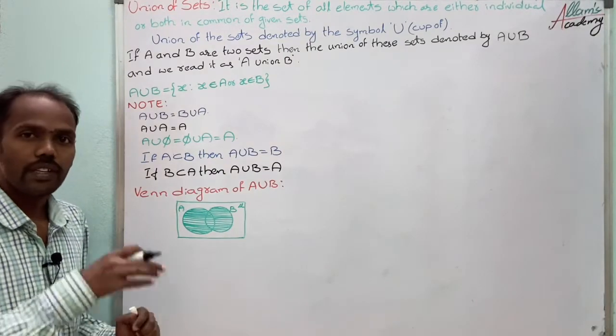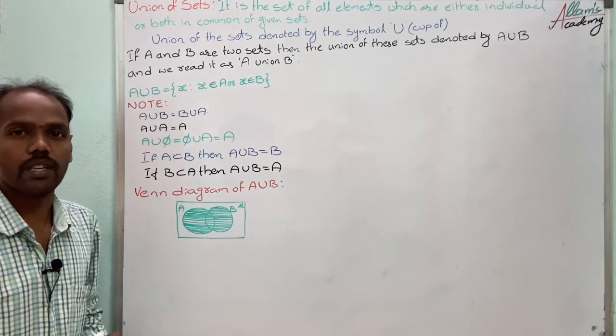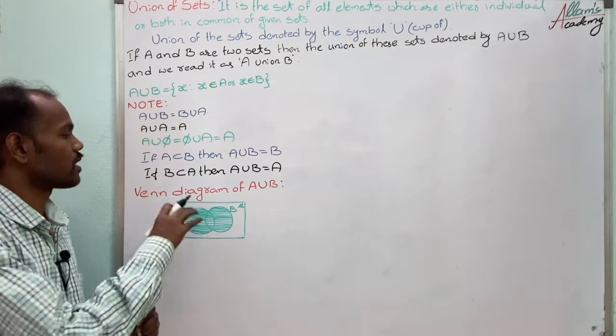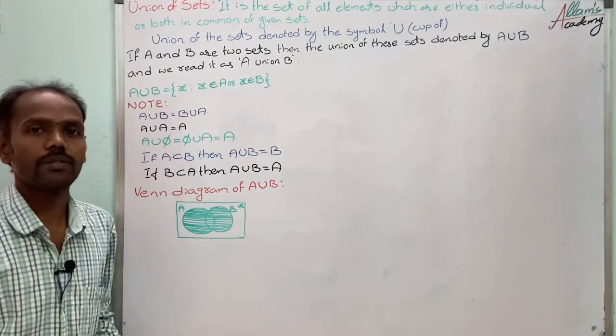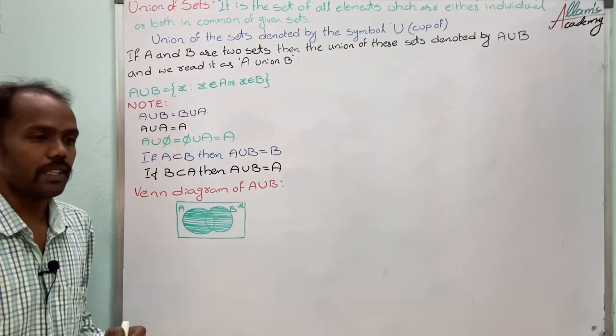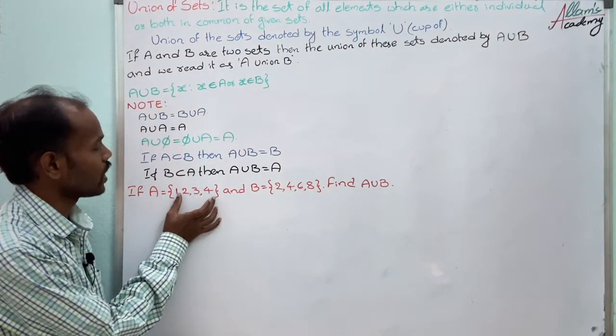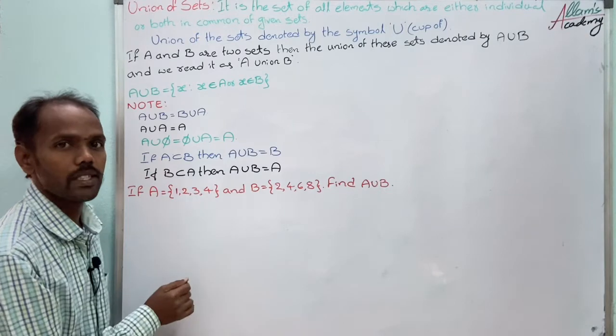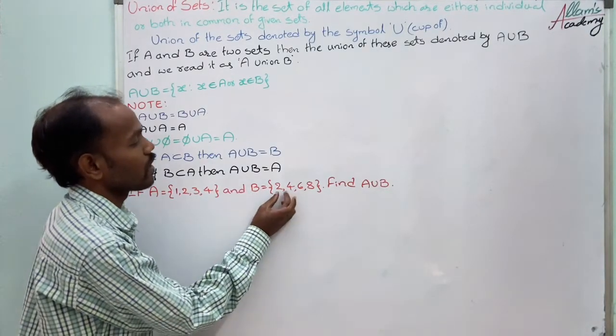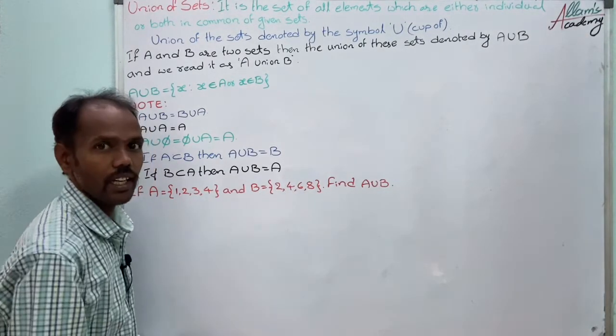Now for some problems we observe the graphical representation, that means Venn diagrams of A union B. Now we see one example. The set A equal to {1, 2, 3, 4} elements are given, the set B equal to {2, 4, 6, 8} elements are given.